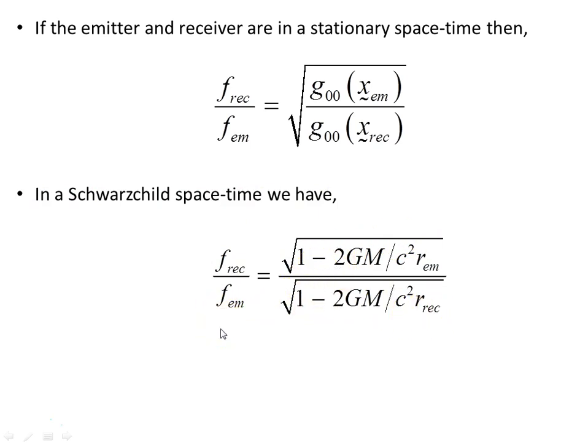That's the important result, and this means that at reception the frequency will be smaller than at emission, meaning that at reception the photon will have a longer wavelength, lower frequency, than at emission where it will have a higher frequency, lower wavelength, and so it is redshifted as it moves away from the mass shown on the previous page. And that brings us to the end of that.